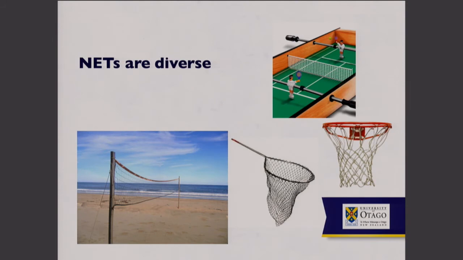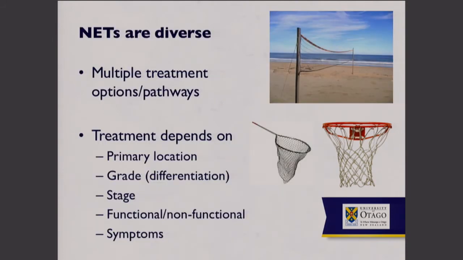So take-home message, NETs are diverse, and that means that we've actually got multiple treatment pathways and options, and they depend on where the tumour is, what its grade is, what its stage is, of course, whether it's functional or non-functional, and the symptoms that the patient has.